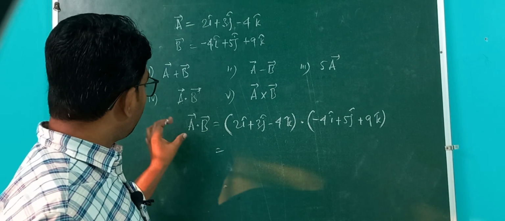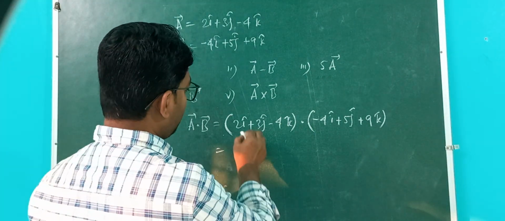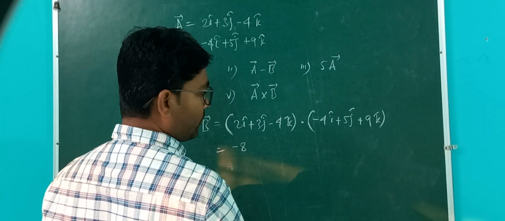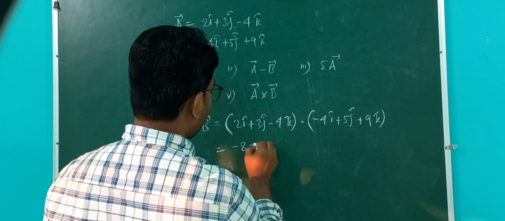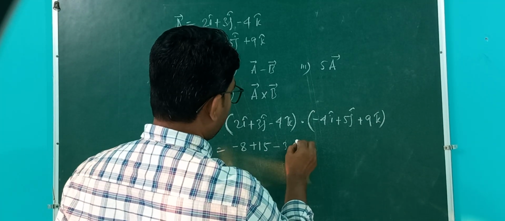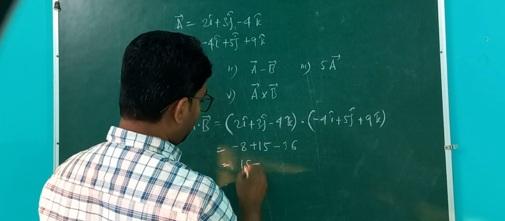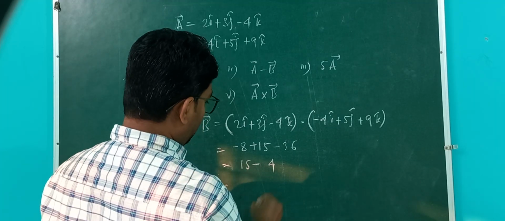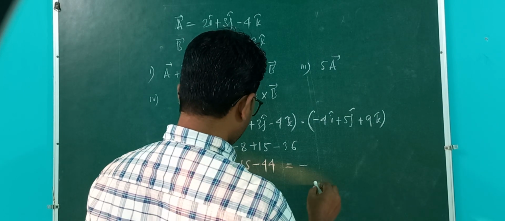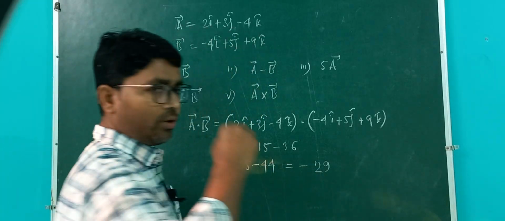If we want the dot product, just multiply component-wise: 2 times minus 4 is minus 8, 3 into 5 is 15, minus 4 times 9 is minus 36, which equals 15 minus 44, that is minus 29.